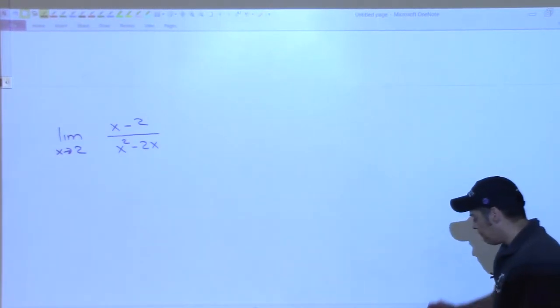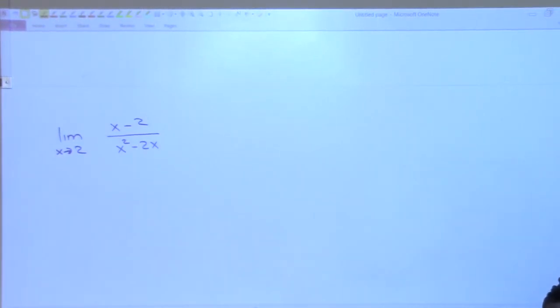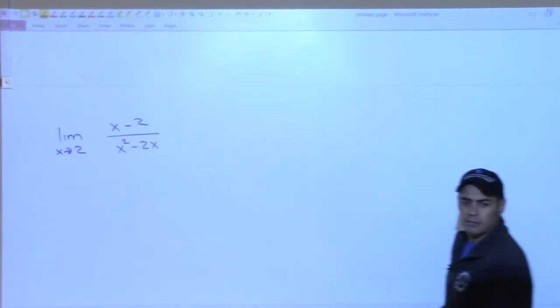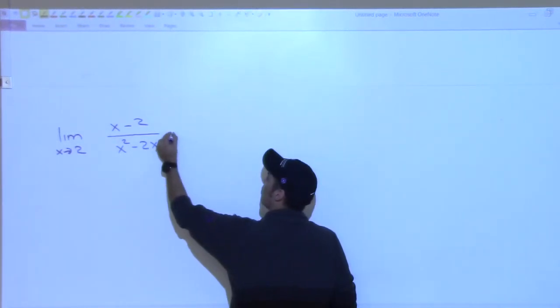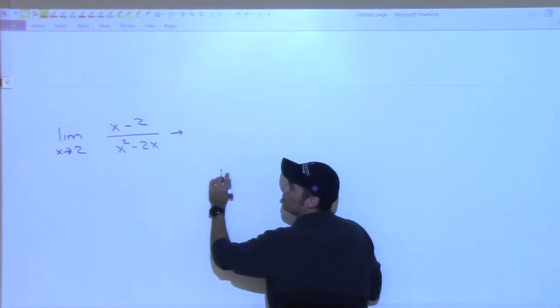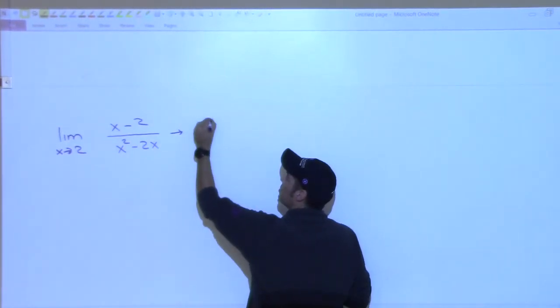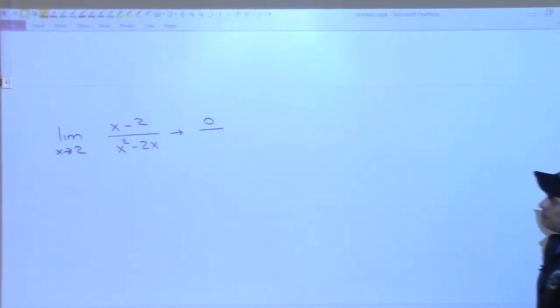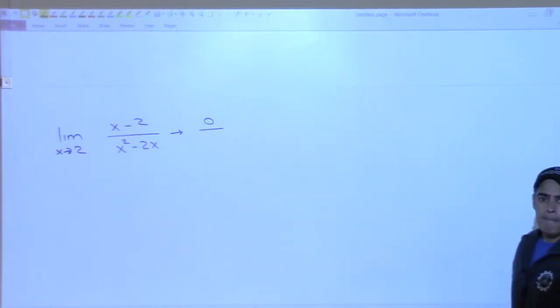Gabriella? Where's my numerator headed here? Zero. Top's headed to 0. How about the bottom? That can't equal 0, else it's going to be undefined.